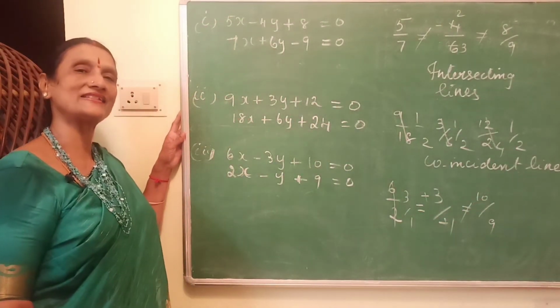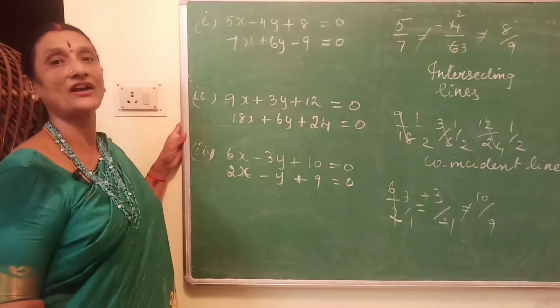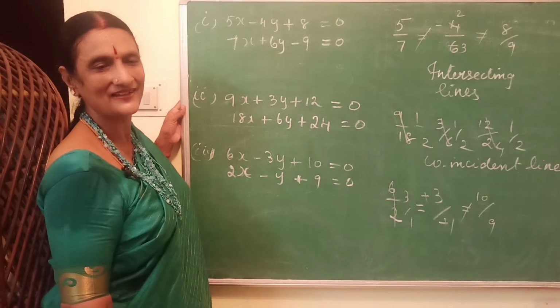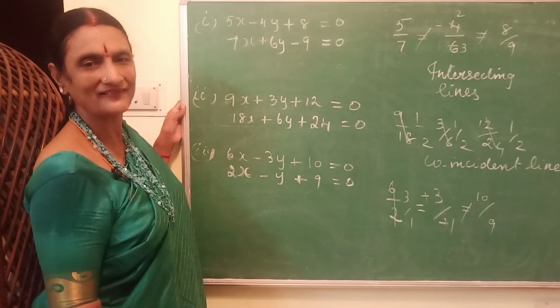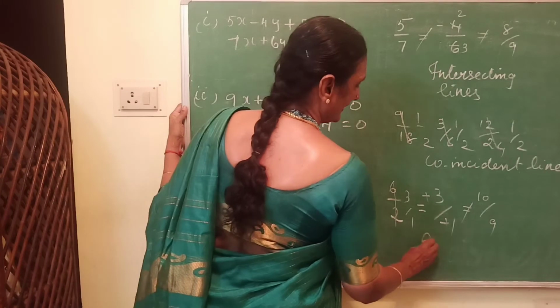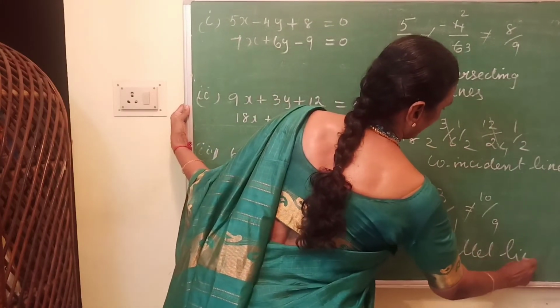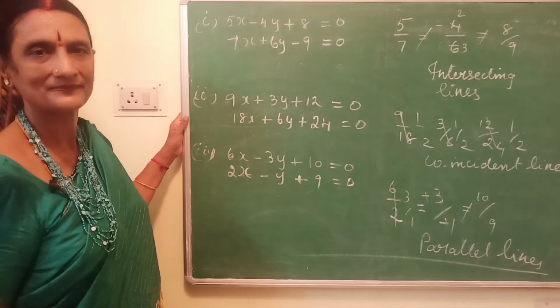Therefore, a1 by a2 is equal to b1 by b2 but not equal to c1 by c2. In that case, what kind of lines will you get? Yes, they are parallel. That is, you get a set of parallel lines. You have to finish like this.